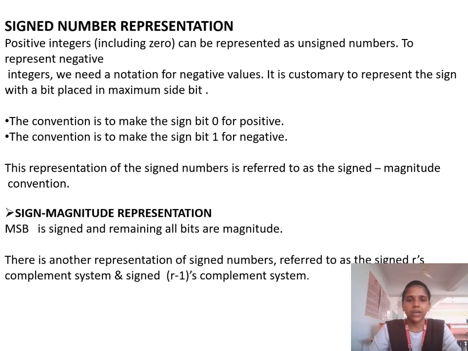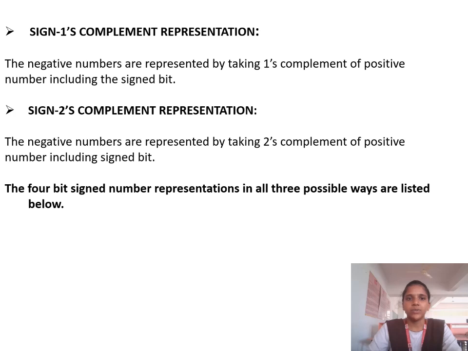There are other representations of signed numbers, referred to as the signed R's complement system and the signed R minus 1's complement system. Signed 1's complement representation: the negative numbers are represented by taking the 1's complement of the positive number, including the sign bit. Signed 2's complement representation: the negative numbers are represented by taking the 2's complement of the positive number, including the sign bit.